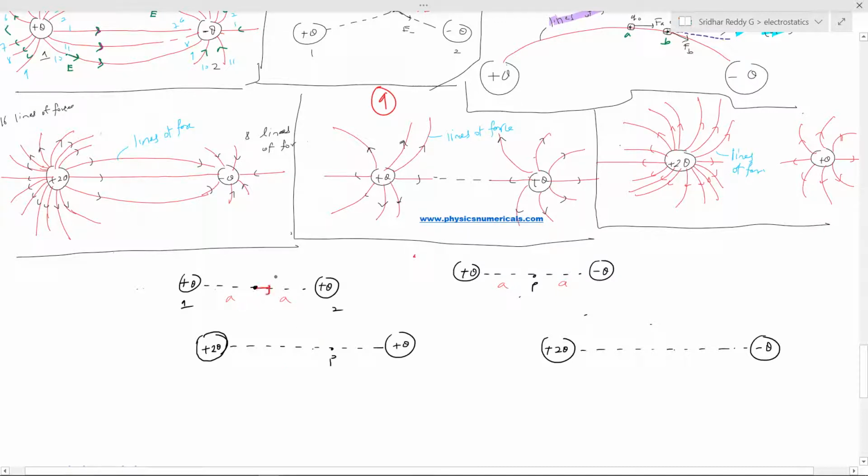Due to this point charge, E1 will be like this. Due to this point charge, E2 will be like this. So what are E1 and E2 equal to? They are of equal magnitude.